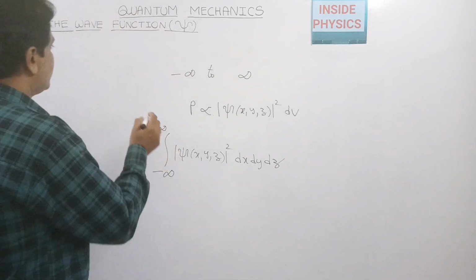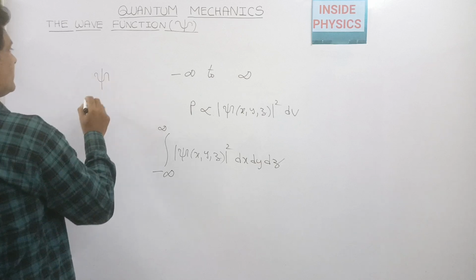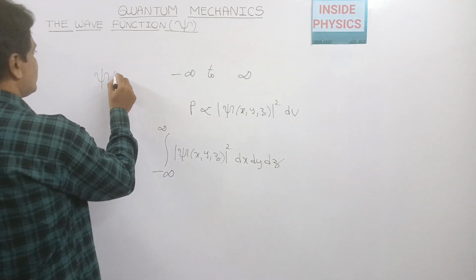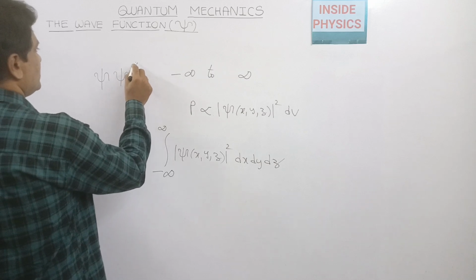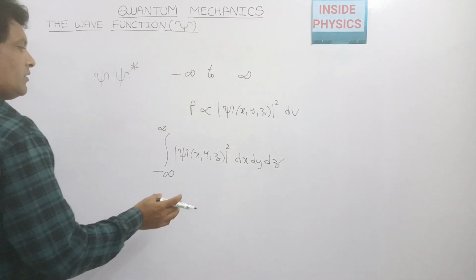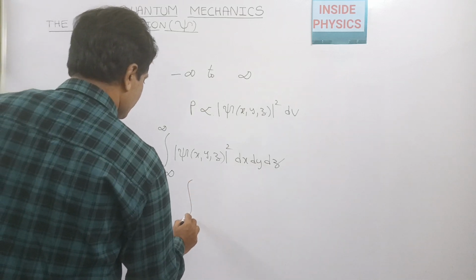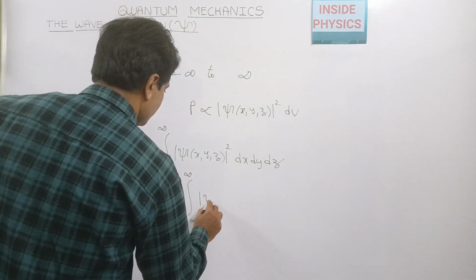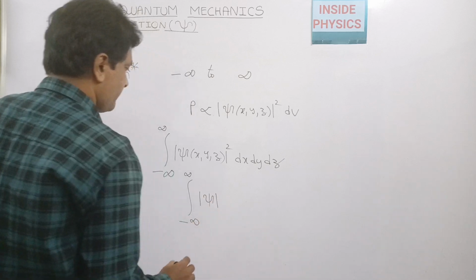This complex valued function, multiplied by its square, gives a real valued function. If you consider psi as a complex valued function, to get a real value we must multiply it with its complex conjugate, denoted by psi star.